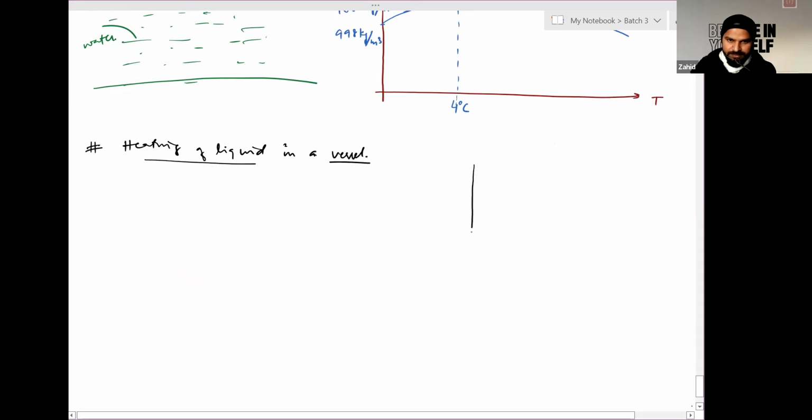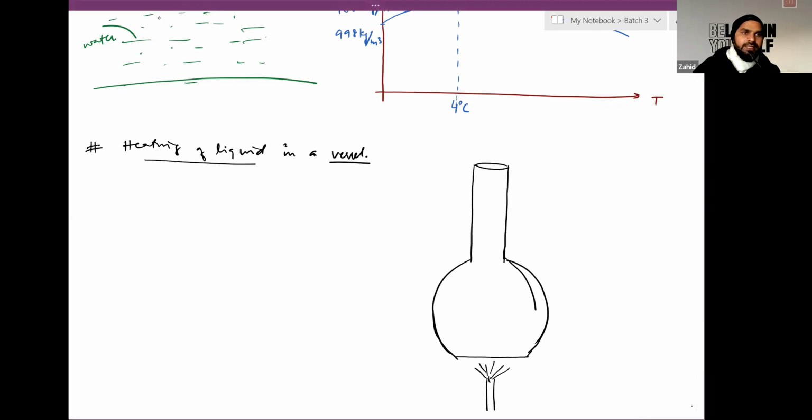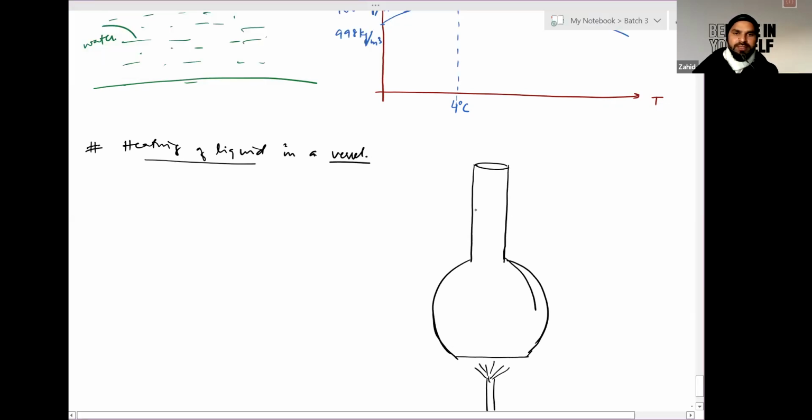Suppose you have a vessel placed over a burner. If liquid is filled initially up to this level, let's say A.